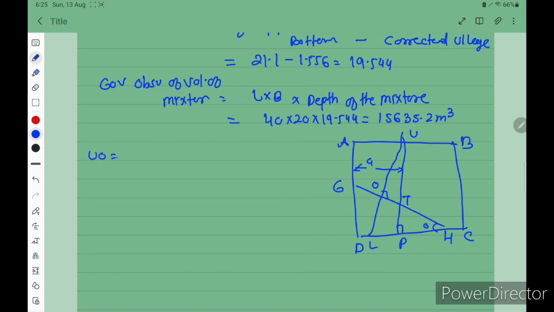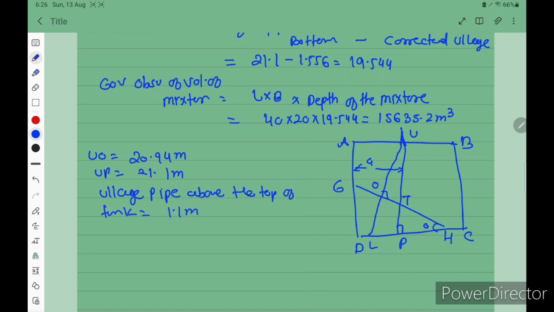Okay, so we have UO 20.94, UP 21.1 meters given in the question. The ullage pipe is above the tank top, so this height is 1.1 meters, A is equal to 1.6 meters forward of the aft bulkhead.